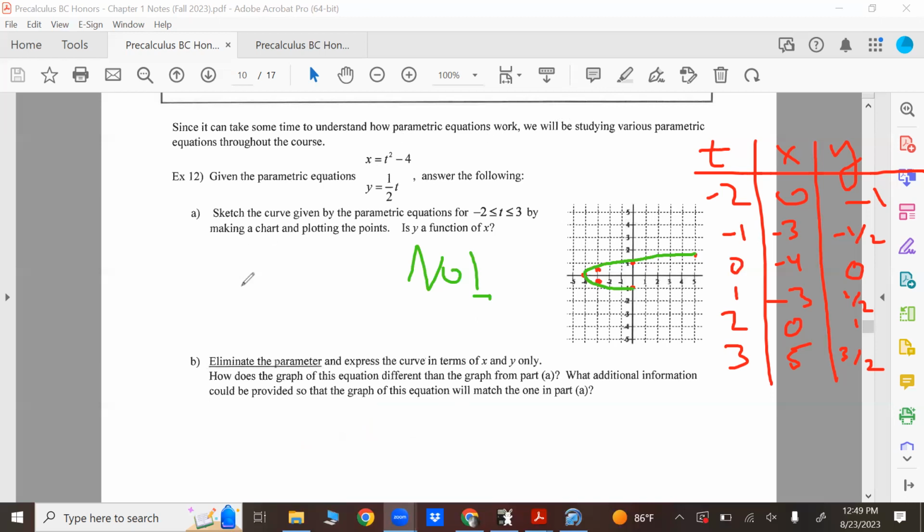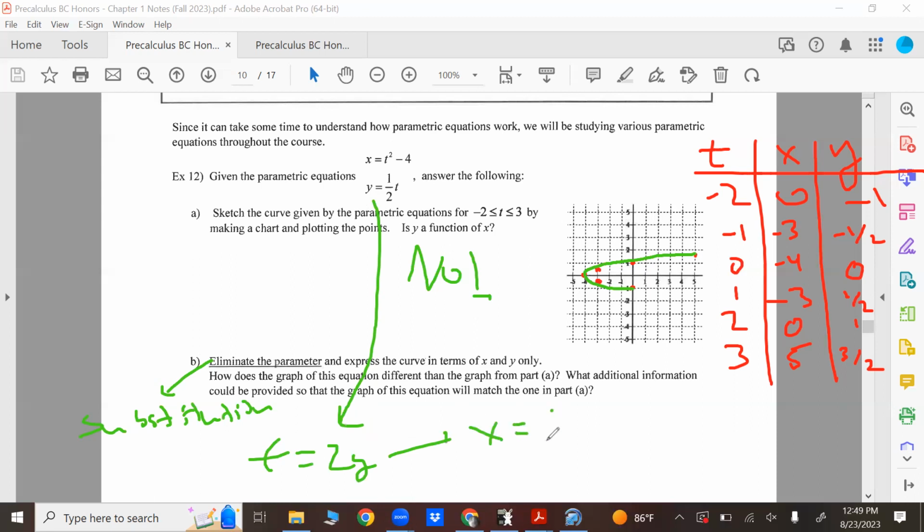Yes, exactly. When you eliminate the parameter, you're going to do substitution. And personally, I think it'd be easier to get t by itself in the second equation. If you get t by itself in the second equation, of course, t equals 2y. And you're going to substitute into the first equation. And you get this, right?